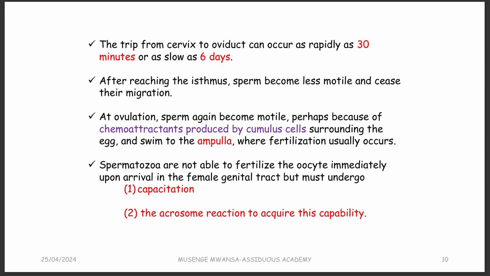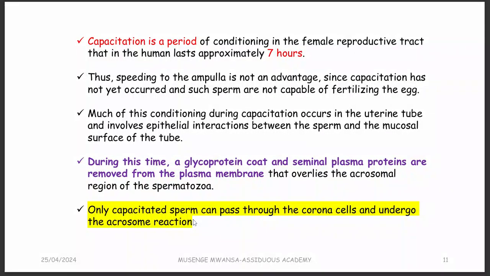That is known as capacitation. You need to remove that glycoprotein covering, and then it will also undergo the acrosomal reaction. Capacitation is a period of conditioning that happens in the female reproductive tract, and it lasts for how long? 7 hours. Make sure that you are also taking note of the times and the numbers.